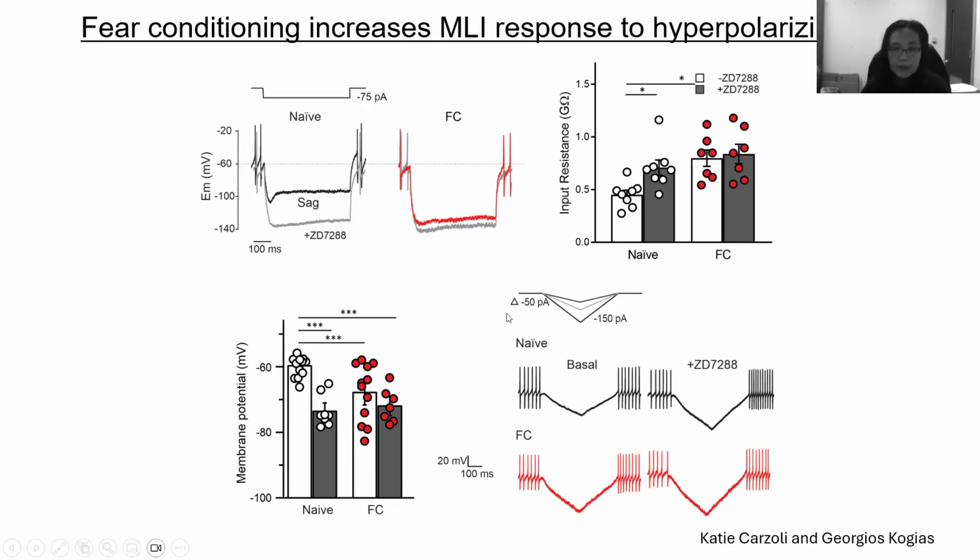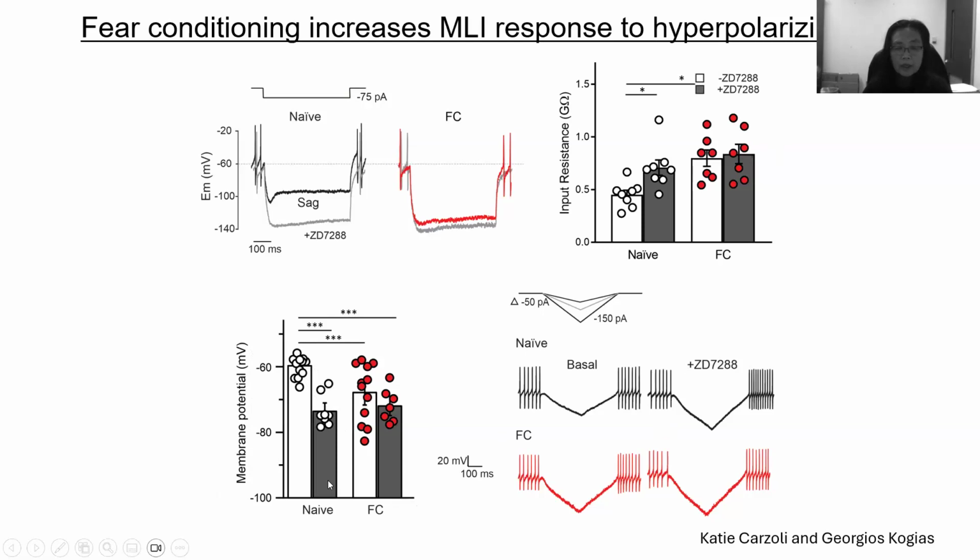So the next thing is, as I just mentioned, there's also a change in the membrane potentials. The resting membrane potential was measured just by breaking into the cell. In the control, we see it's about -60. However, after fear conditioning, the resting membrane potential becomes more hyperpolarized, closer to -70.